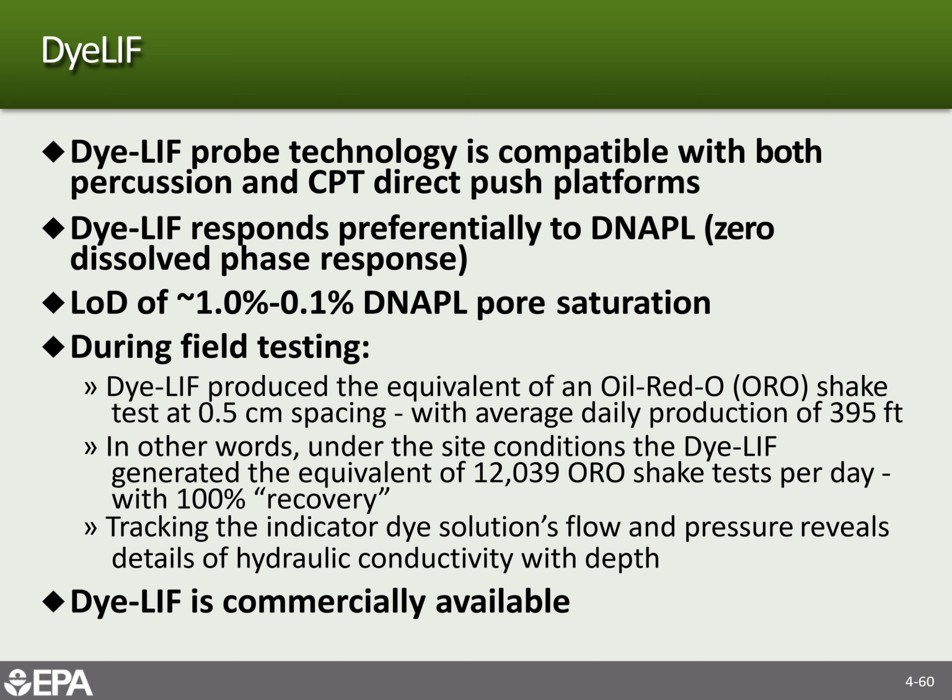That's the dye LIF, as it's called, because the dye is injected and it's laser-induced fluorescence, and you have a level of detection around 1% or a little less of DNAPL pore saturation.